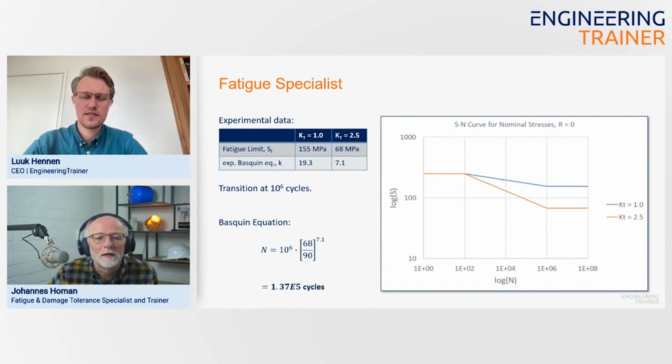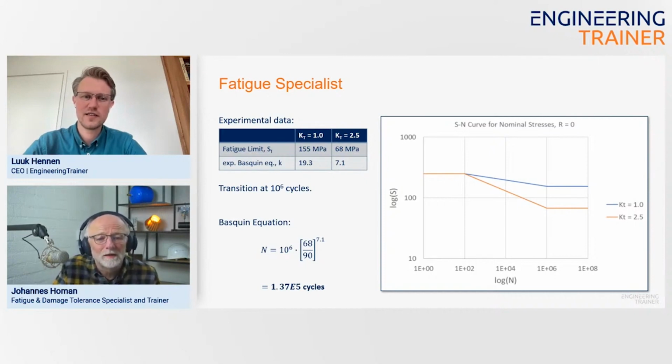In this case, for KT 2.5, it's 7.1. So we use that, and we use that ratio, 68 the fatigue limit, 90 the applied stress. At home, if you have the Pascal equation and you do some rewriting, you can reproduce this formula.